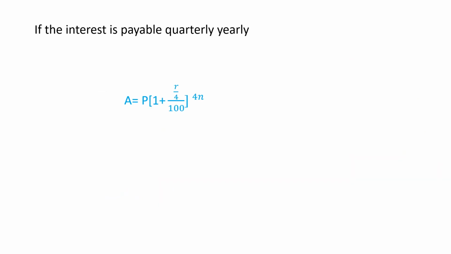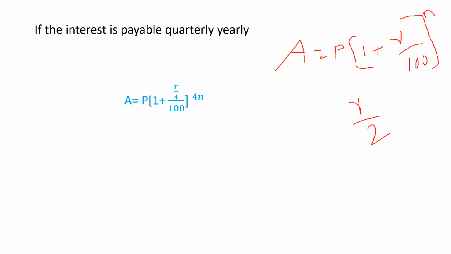Look here, children. If you want to calculate the interest for quarterly, just as for half yearly, generally you take the amount formula. What is the formula for amount? The first formula we learned: amount equal to principal into 1 plus R by 100 the whole power n. This is the formula for amount, right? For half yearly you replace R by R by 2 and n by 2n.